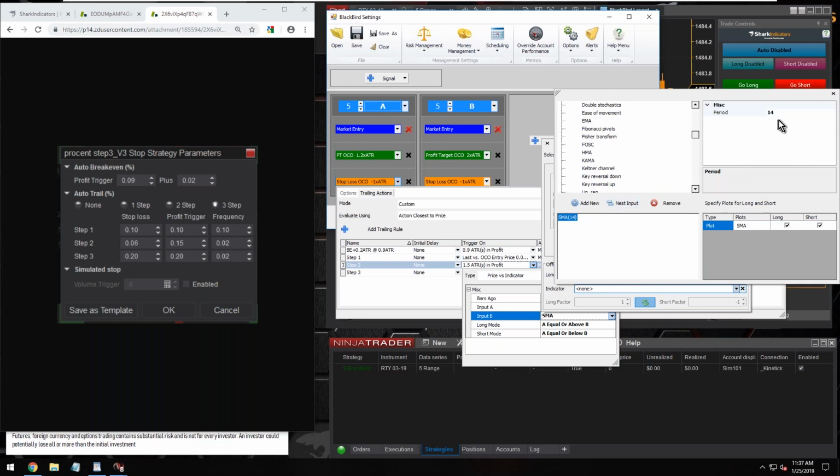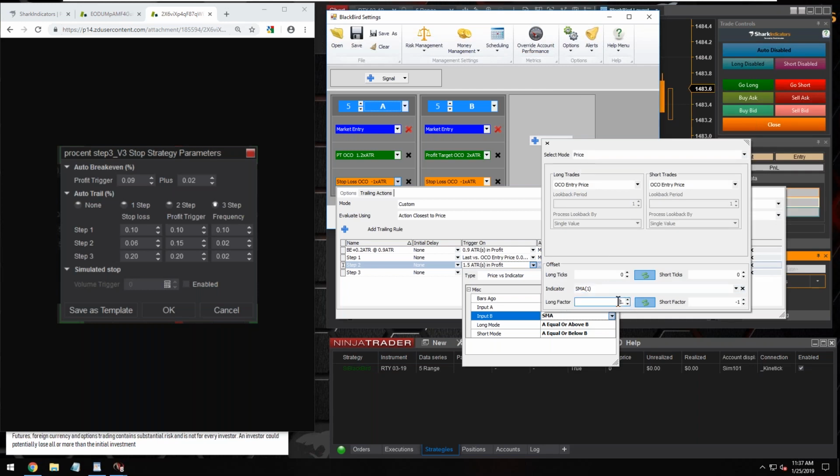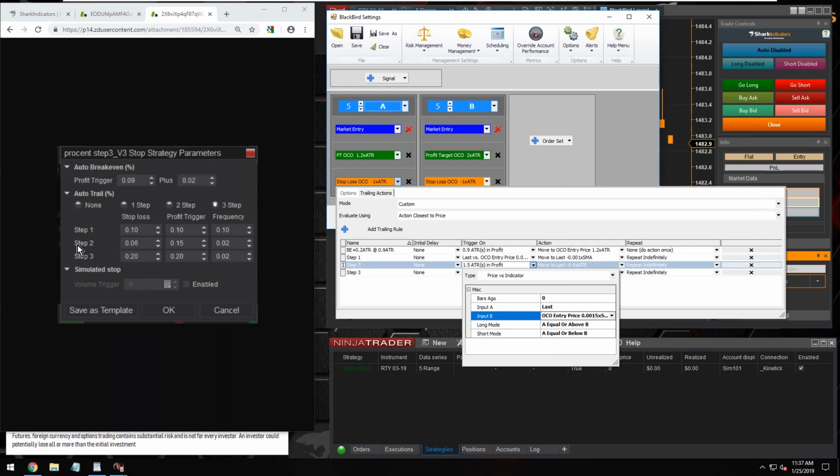Oh, there's our SMA. Let's make it a 1 period. And we want a 0.15%. Okay, so that's going to be 0.0015.